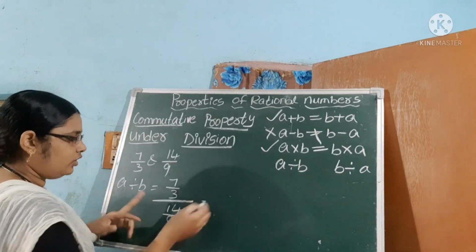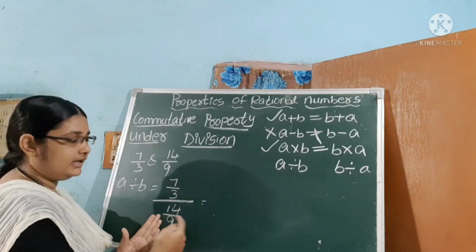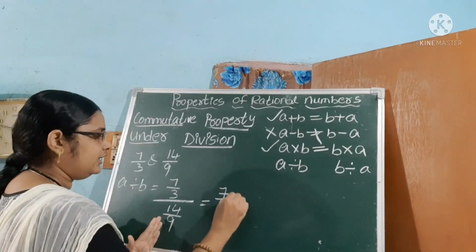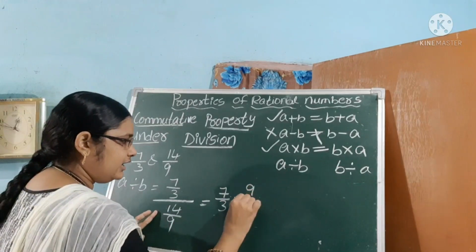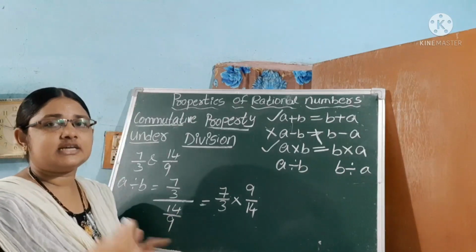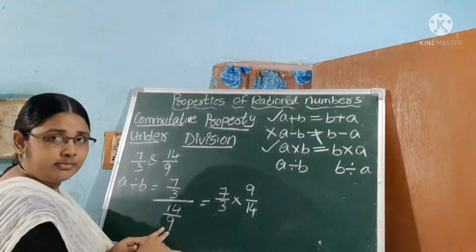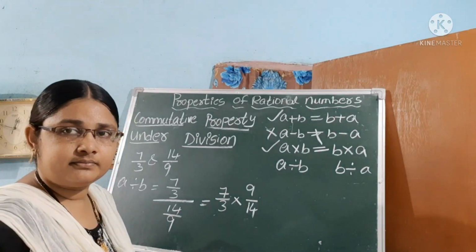If you want to move this denominator to the numerator, it's just the reciprocal. That means 7 by 3 into, what's the reciprocal of 14 by 9? 9 by 14. Did you understand? Reciprocal means just reverse: the numerator becomes the denominator and the denominator becomes the numerator.